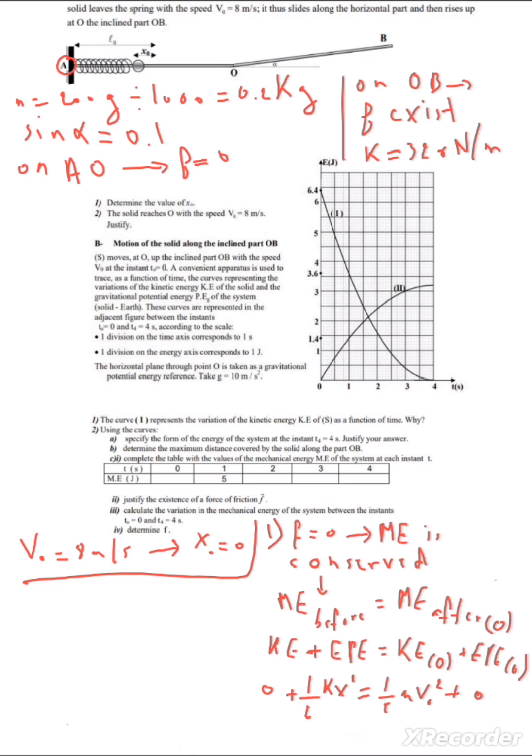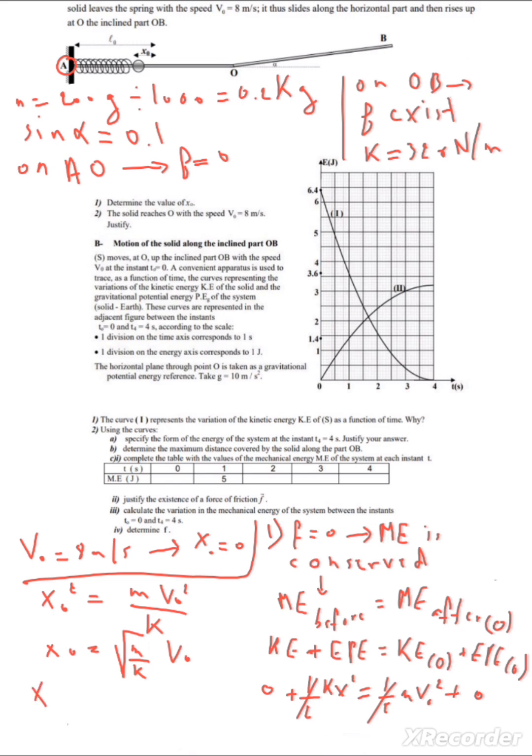So we obtain x0 square equal to m v0 square over k. We simplify half and half. So x0 equals radical m over k times v0.